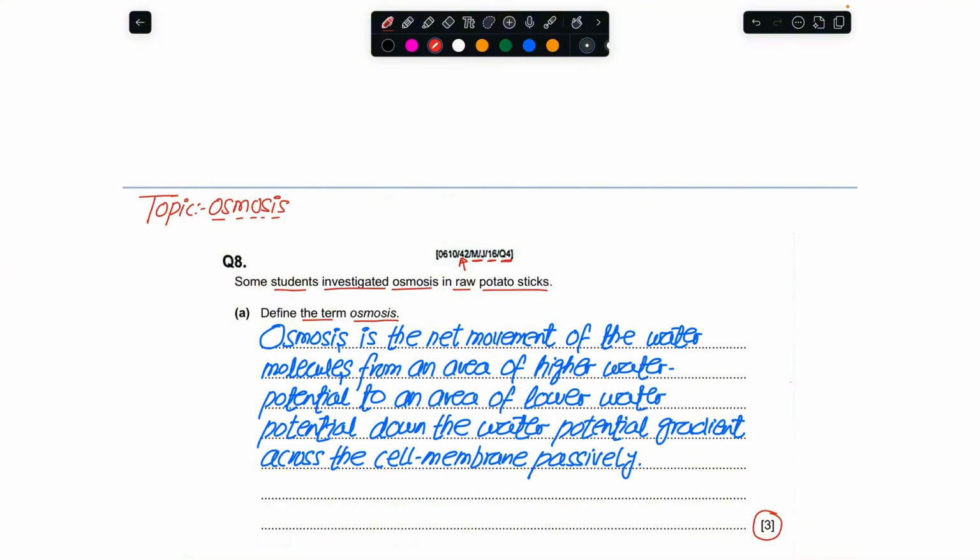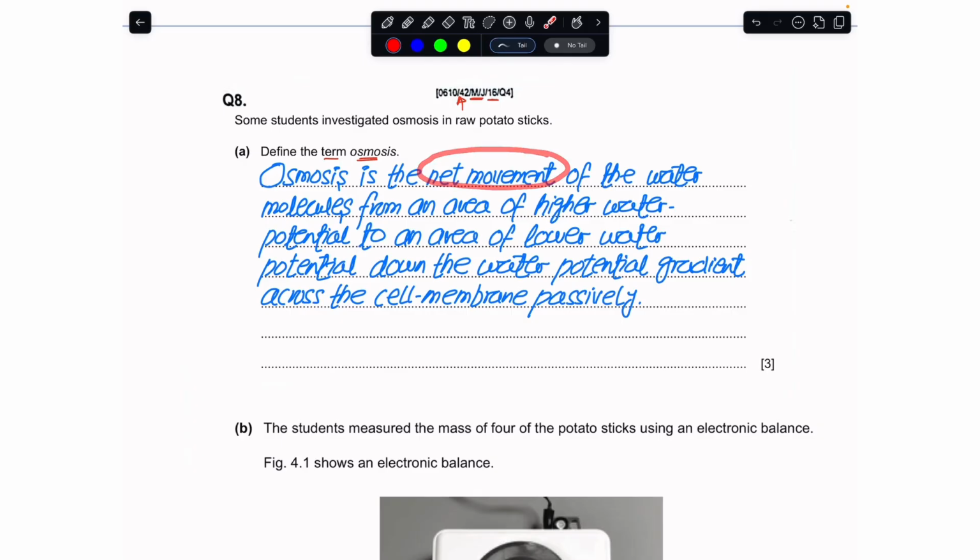So what we know is that osmosis is the net movement of water molecules, where they move from the area where we have a higher number of water molecules, that is the area of higher water potential, to an area of lower water potential where the number of water molecules is less, and this is done down the water potential gradient.